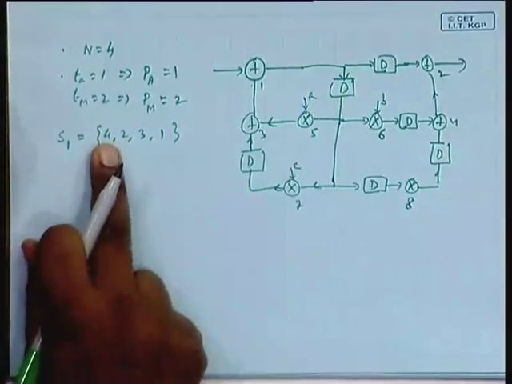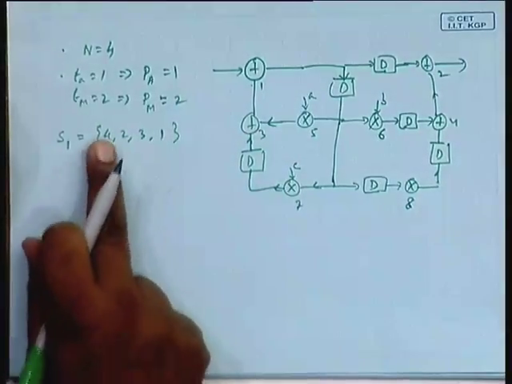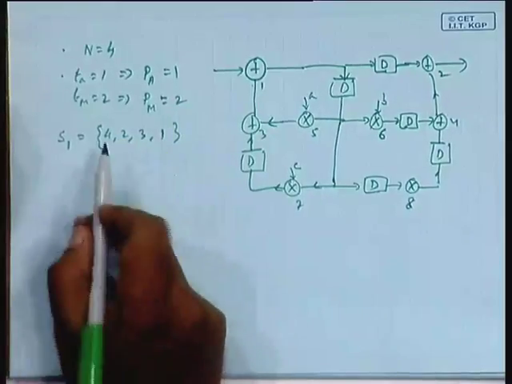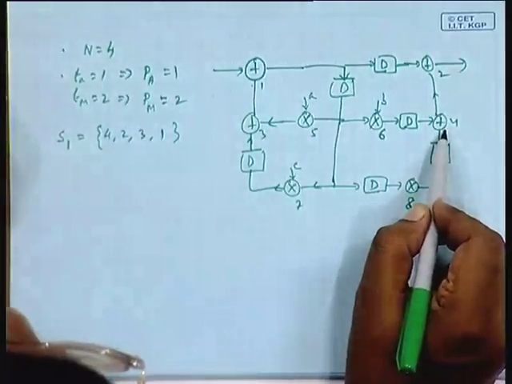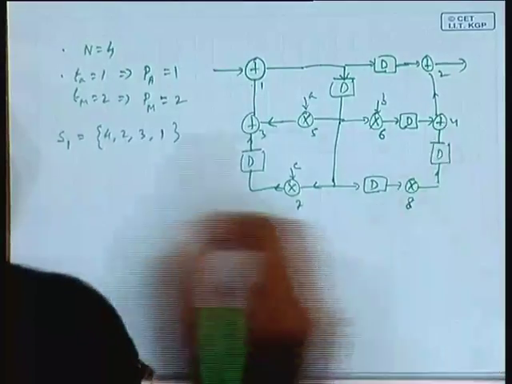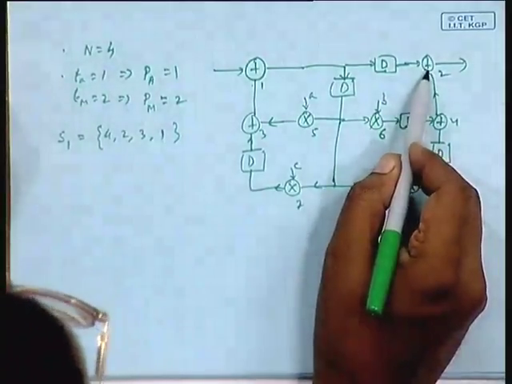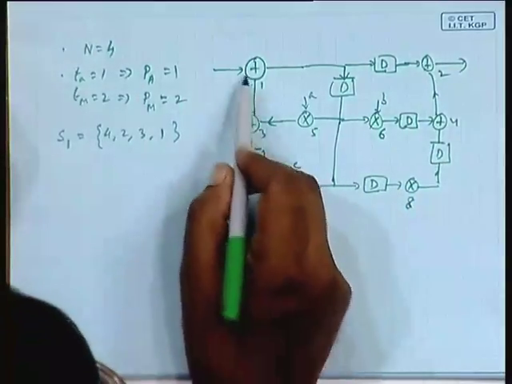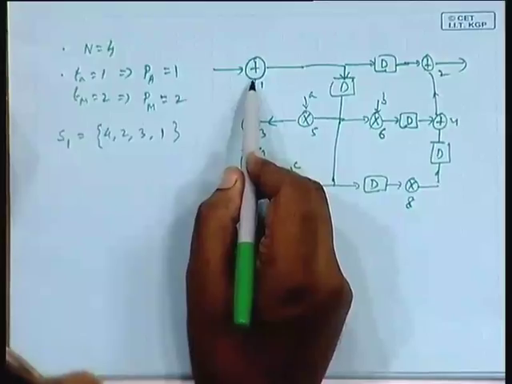That means adder 4 first, that is 4L plus 0, 4L plus 1, 4L plus 2, 4L plus 3. This 4 means this adder, so its schedule will be 0. 2 means this adder, its schedule will be 1. 3 means this adder, its schedule will be 2, and 1 will have schedule 3.